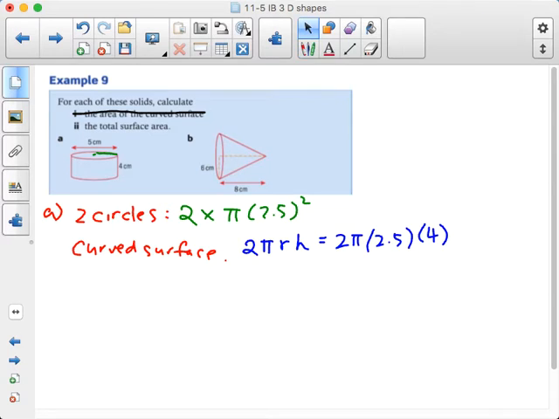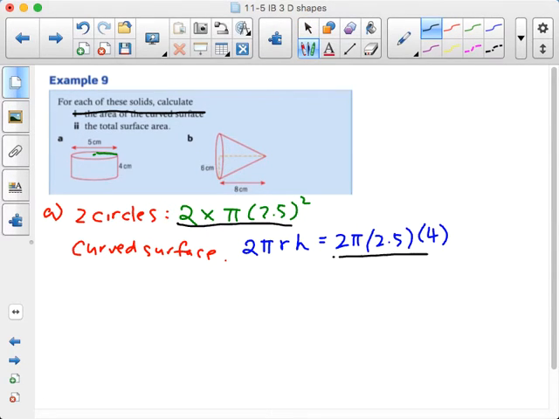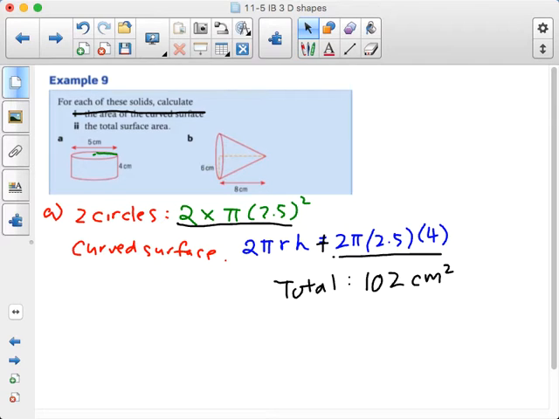Okay? So all we have to do is add these 2 together, and so the total surface area is going to be, in square centimeters. Again, if it's area, it's always going to be square centimeters. Let's go on to B.